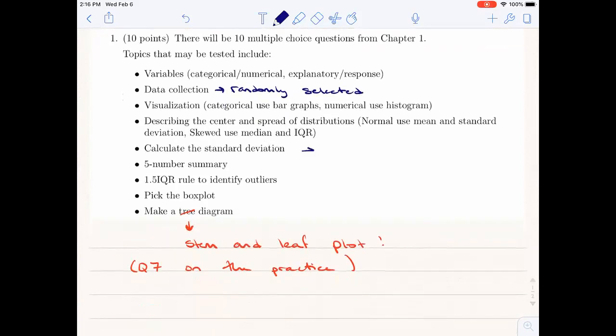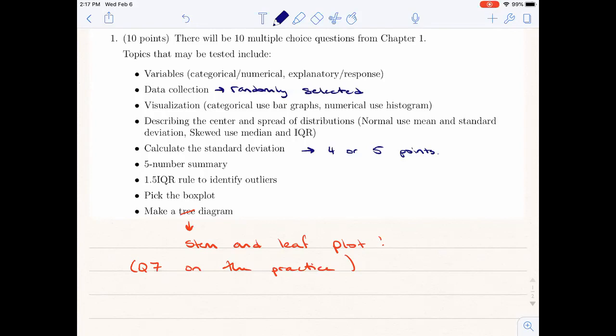I'll do it for 4 or 5 points, probably 4 points. So just know how to calculate the standard deviation. Right? And there's practice in the practice test.